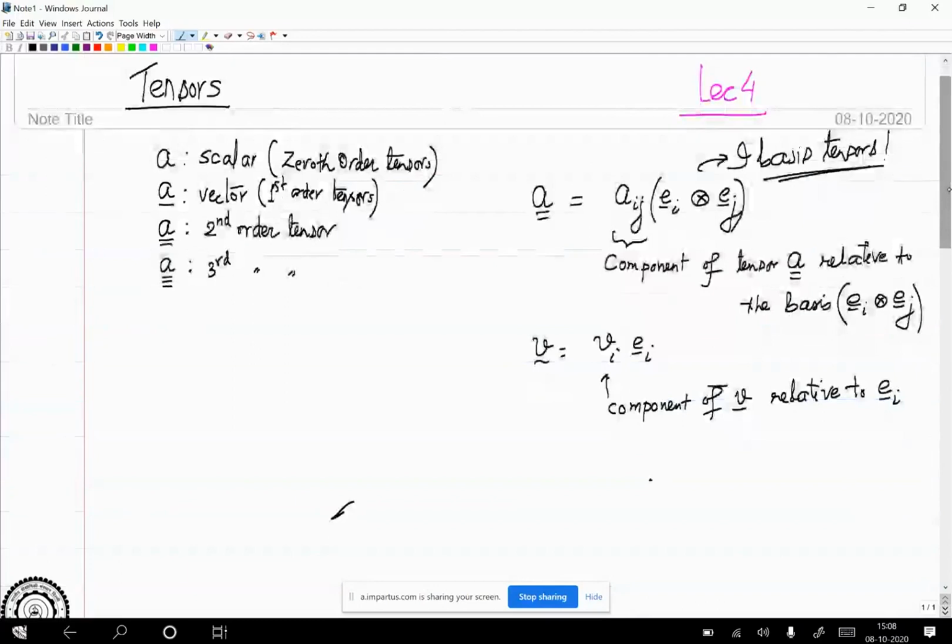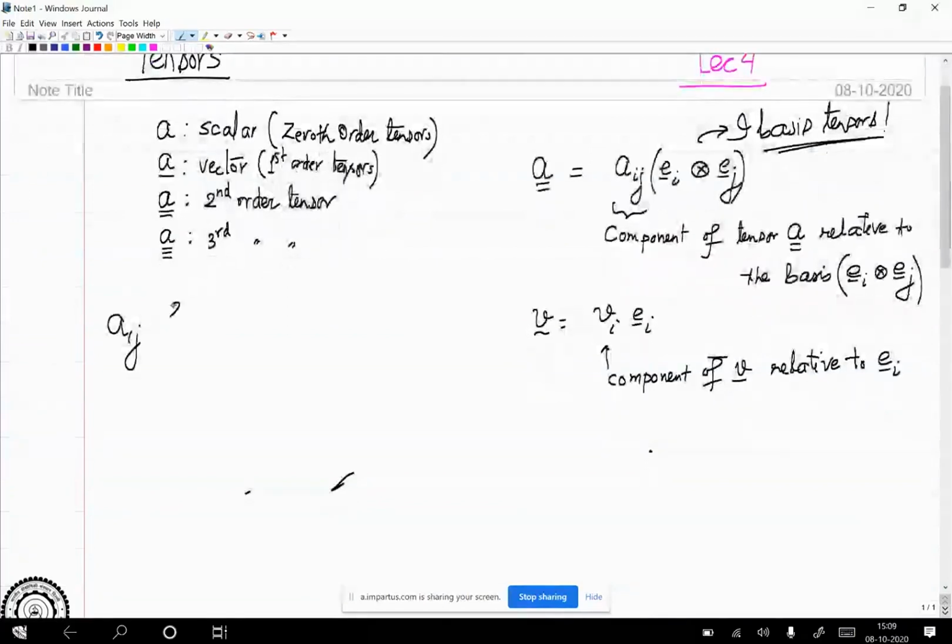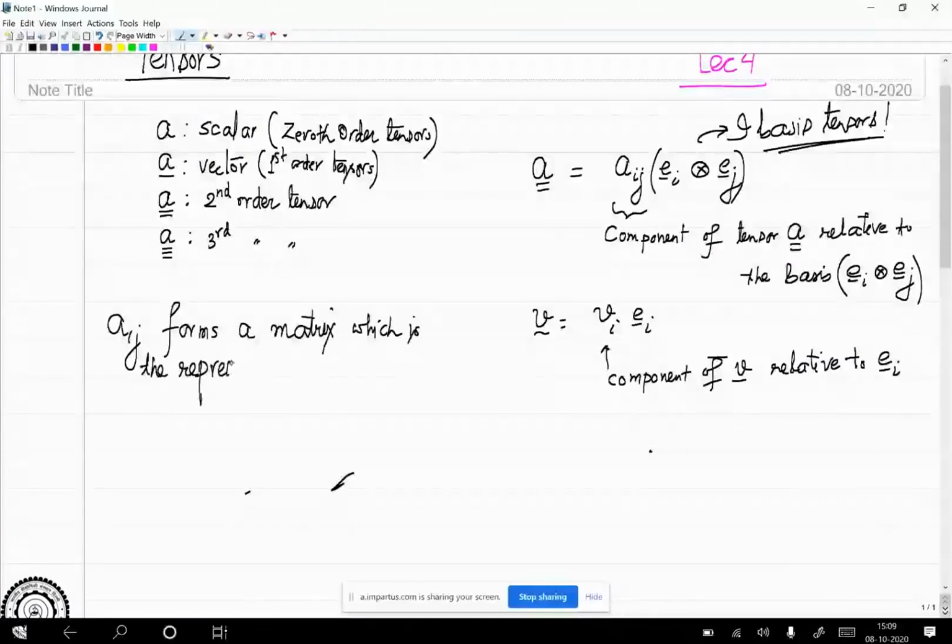And then we also saw that this Aij forms a matrix, which is the representation of tensor A in ei tensor product ej basis tensors.